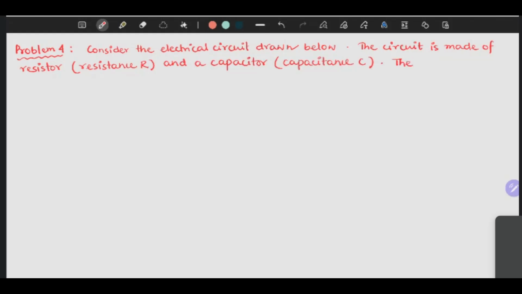Let's say the charge Q stored in the capacitor is 0 on average, but can be fluctuating.